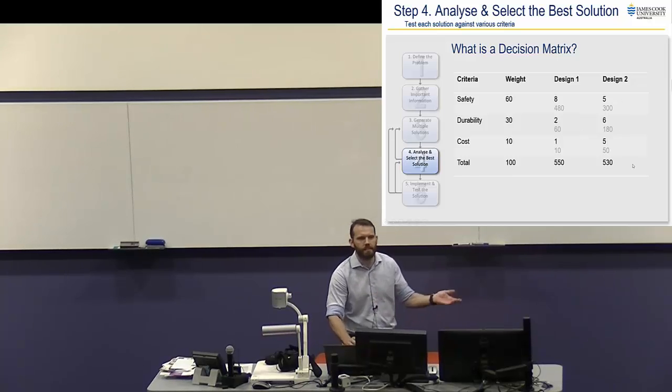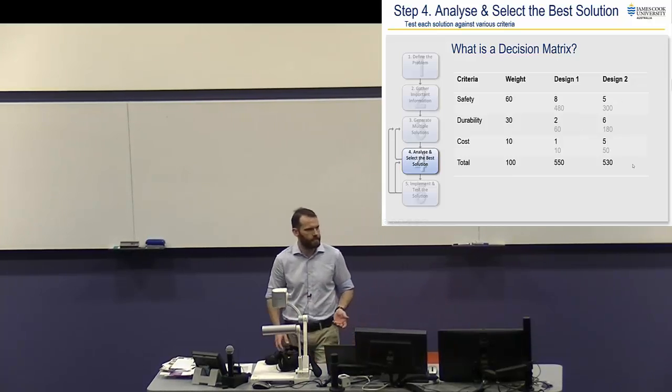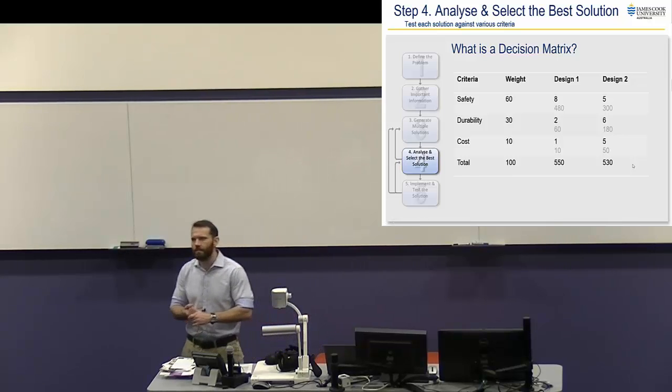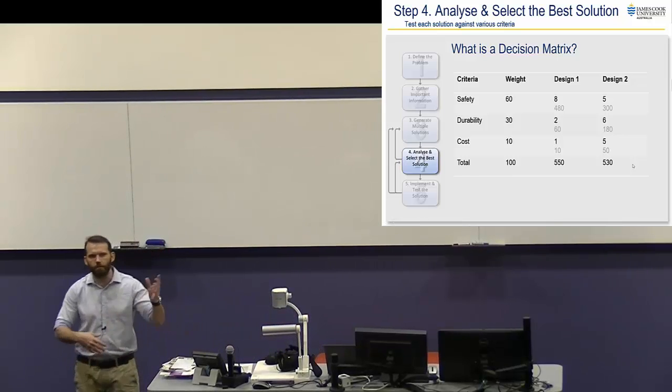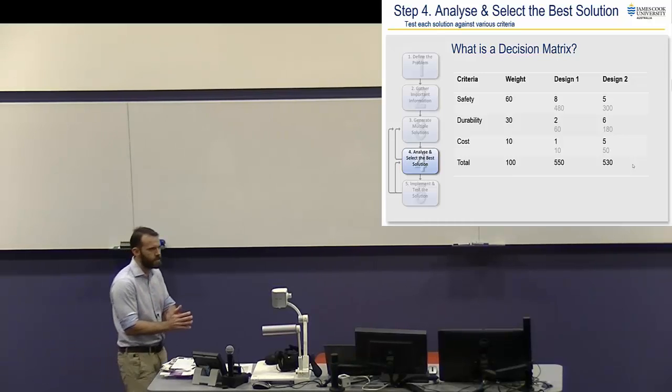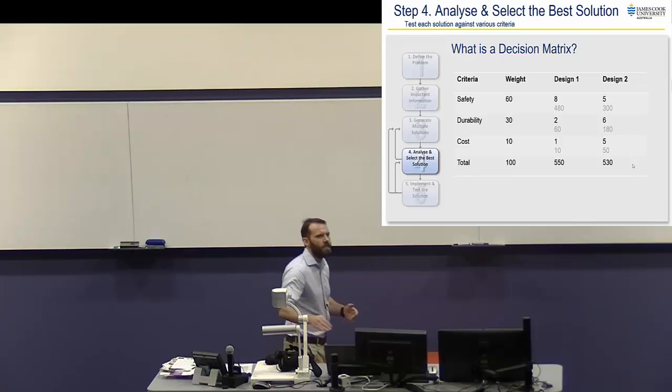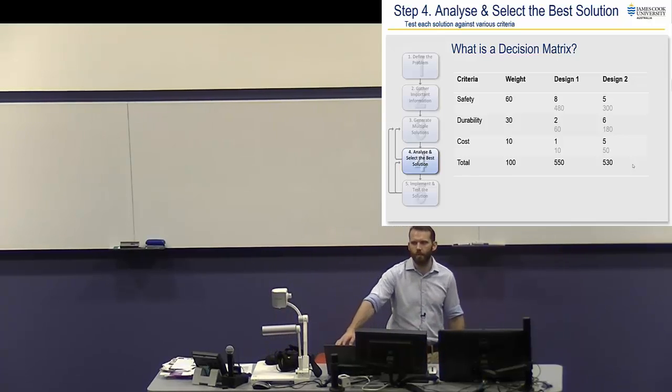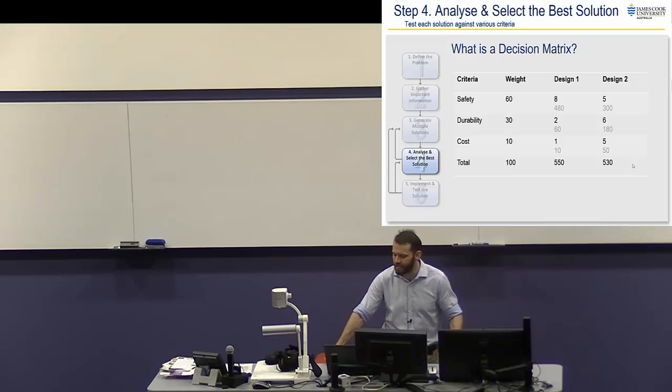You just end up with a relative number that you can compare at the end. Okay? So the weights, whether they're out of 10 or 100 or percentage or whatever, doesn't matter so long as you use the decision matrix correctly and you'll get a relative number at the end. The highest number is the one that you should choose. Okay? So decision matrices are very useful for choosing between designs. You will be required to do one in the quiz for this subject. Okay, so you need to learn these.